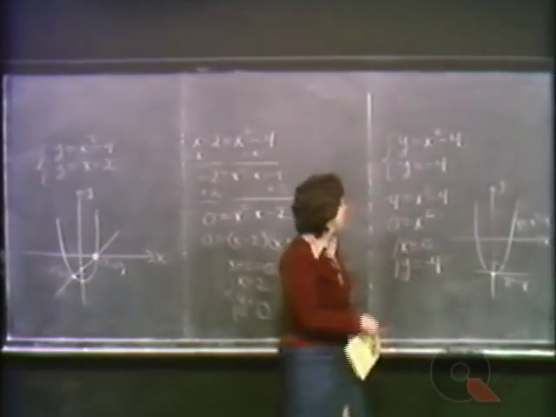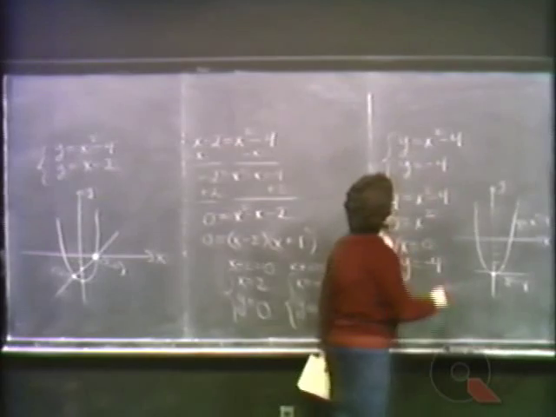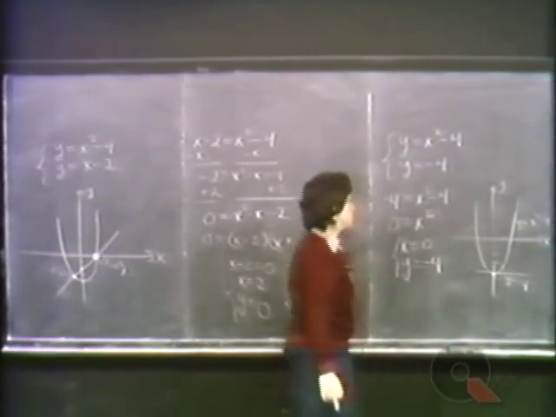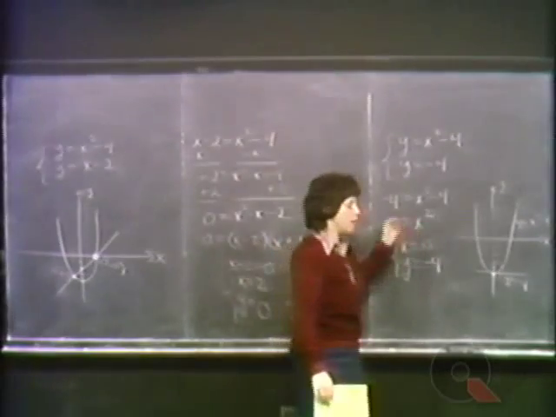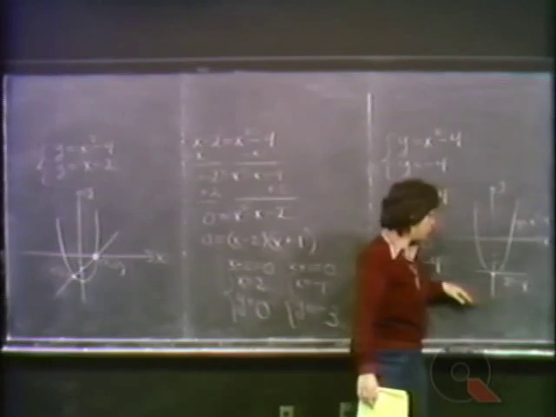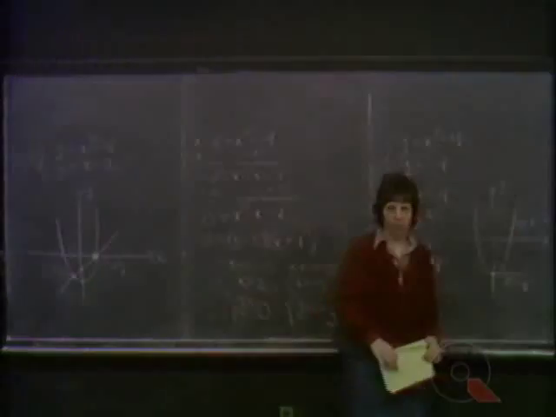For example, we could have had the line y equals -5. And when you tried to solve these simultaneously, you would have gotten here -5 is equal to x squared minus 4. You would have had x squared equals -1. There would have been no real solutions to the system. Geometrically, this would be indicated by the fact that the 2 graphs do not intersect at all.